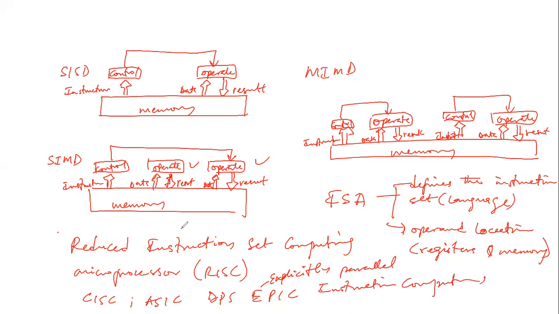And then we now come to examples of the architecture based on RISC, based on reduced instruction set computing. So we say architecture based on RISC.